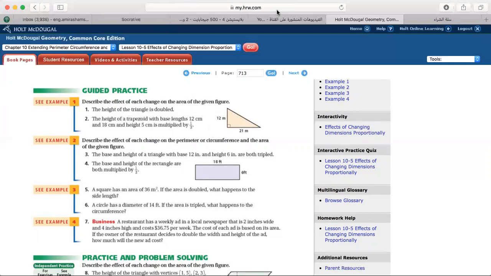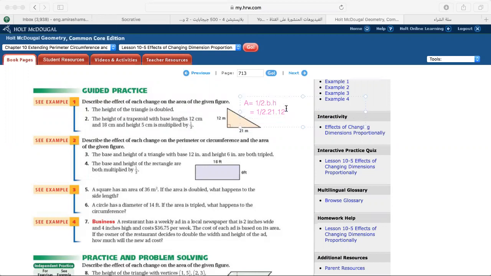What is the formula of the area of the triangle? Area of the triangle is half base multiplied by height. So it is equal to half multiplied by the base, which is 21, multiplied by the height, which is 12.